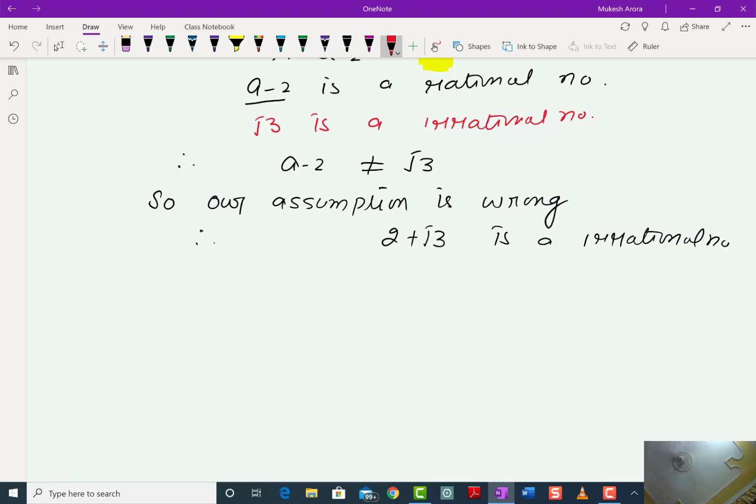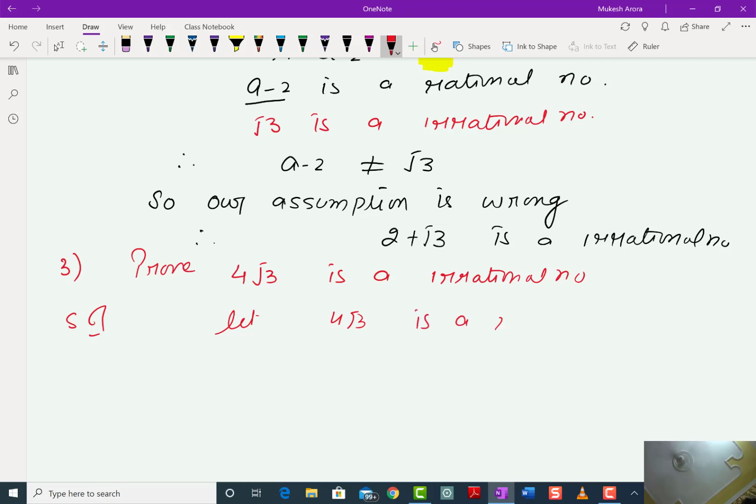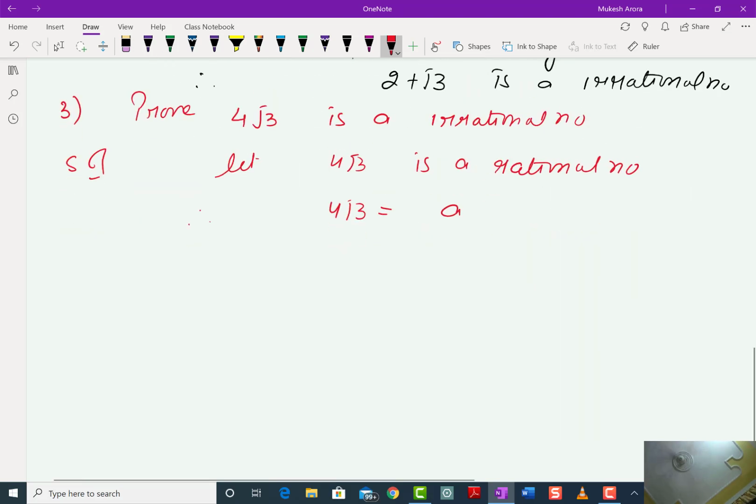See one more. Prove that 4 under root 3 is irrational. Solution. Let 4 under root 3 be a rational number. Therefore, 4 under root 3 is equal to a. We can take p by q, but just to make it easier for convenience we are taking it as a.